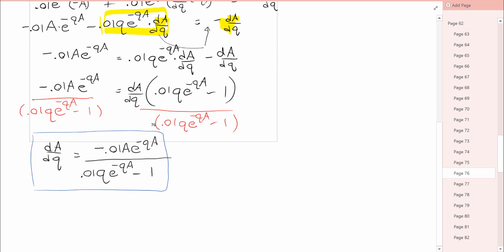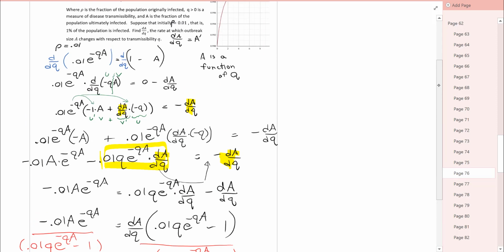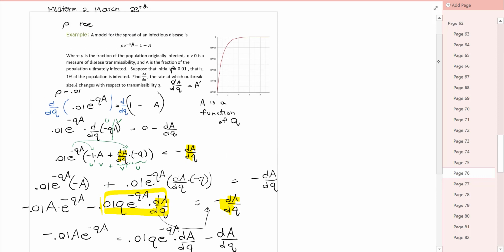You can't simplify it because of that minus 1 in the denominator, right? Whatever you do, please don't cancel those e's, because there's no e in the 1. This whole denominator is getting divided into this thing, not just the first term, the whole thing. So that's all it asks us to find.